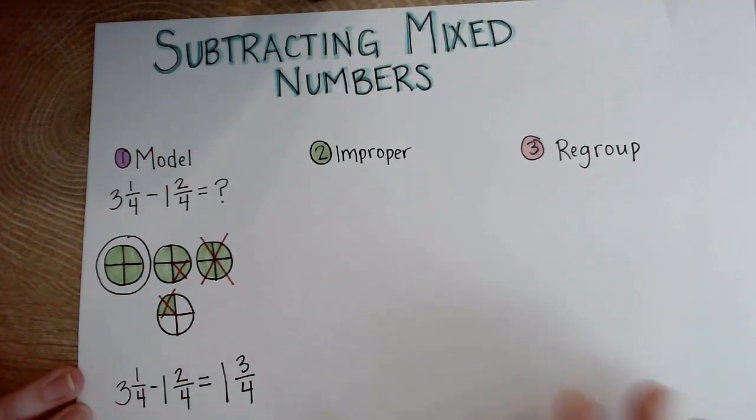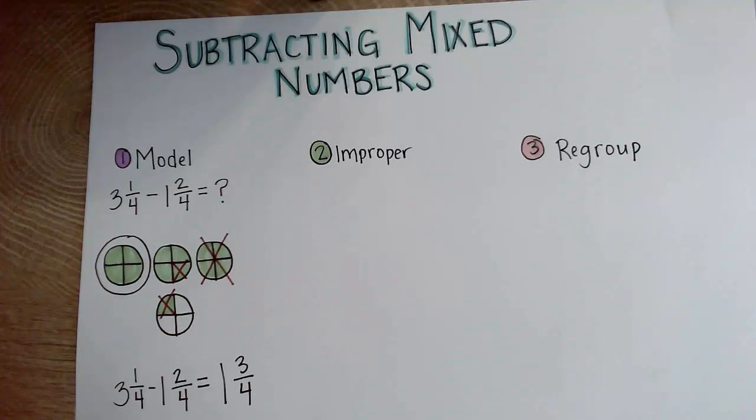So my difference here, 3 1/4 minus 1 2/4, is going to be equal to 1 3/4. Okay. So that's the model, very straightforward as long as you're able to draw those and represent those. Let's go ahead and look at how we can change it to improper fractions.